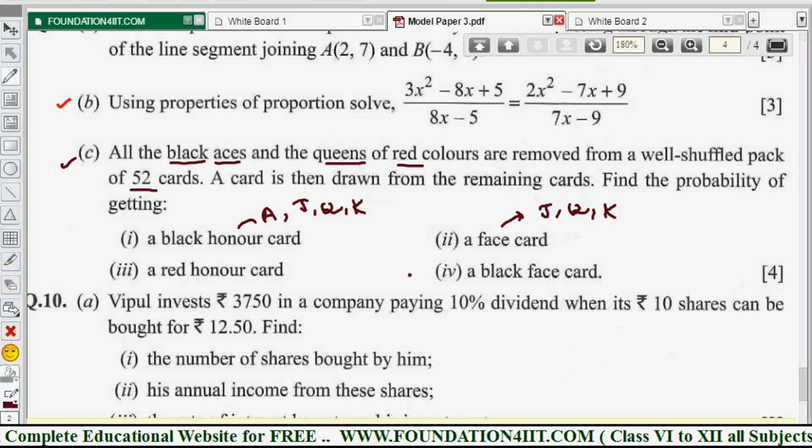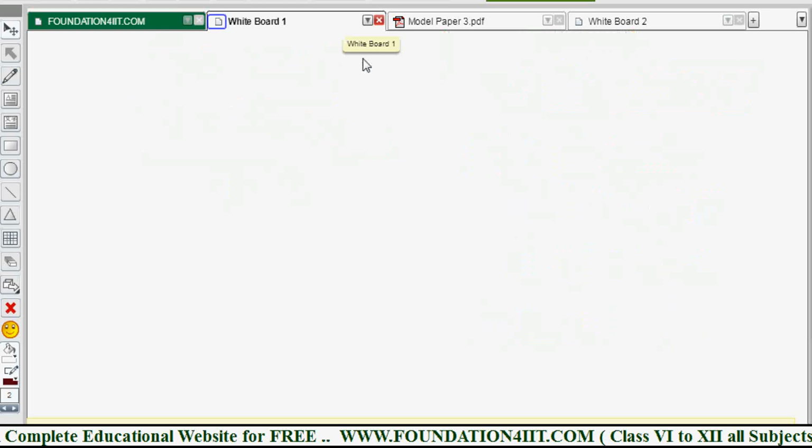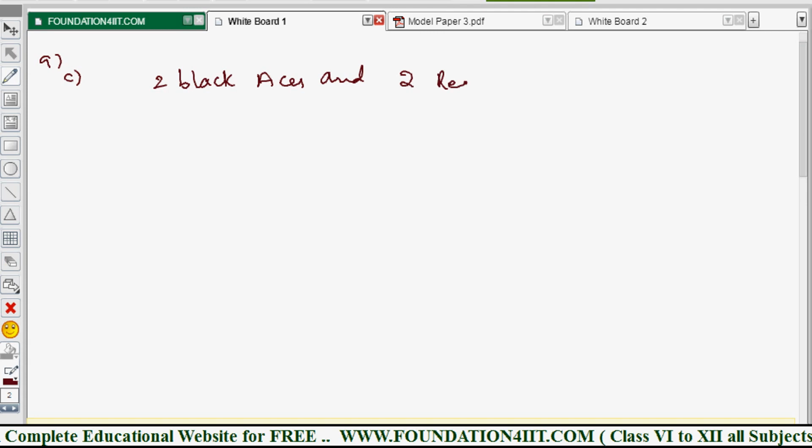Let us find the probability. First we'll take the sample space, what is given. So in this question, two black aces are removed, and two red queens are removed.